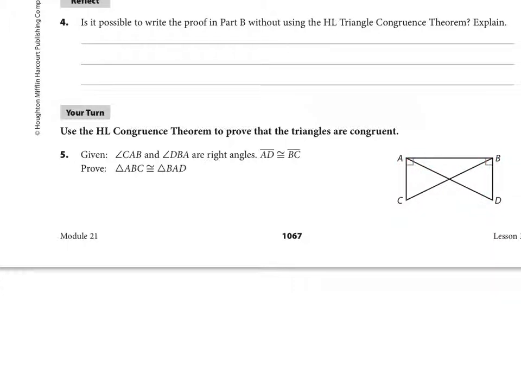Again, just like on the previous example, these two triangles are overlapping. I'm going to write it up at the top, just going to separate these triangles. So here is A, B, and C. And then the other one that's overlapping is B, A, D.